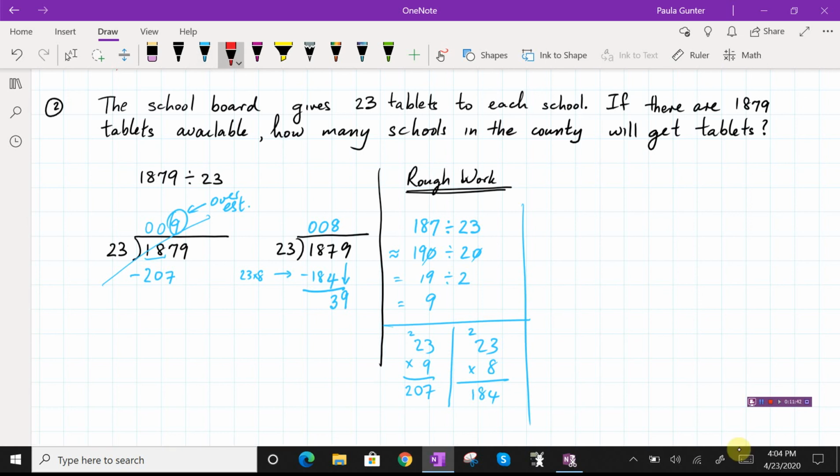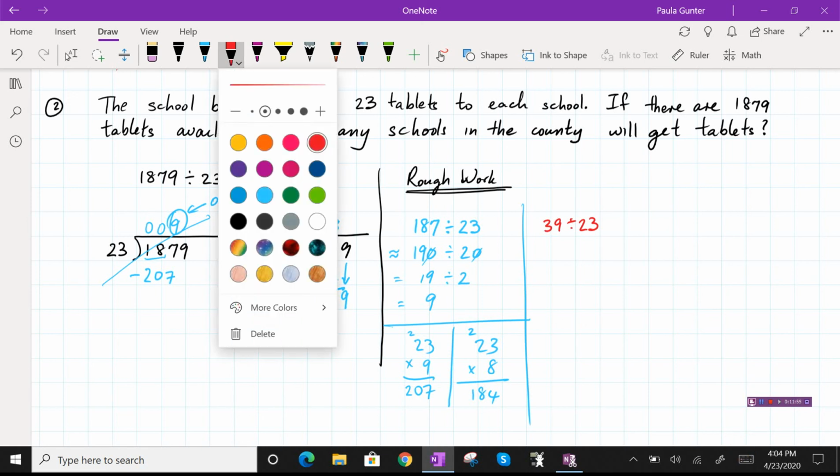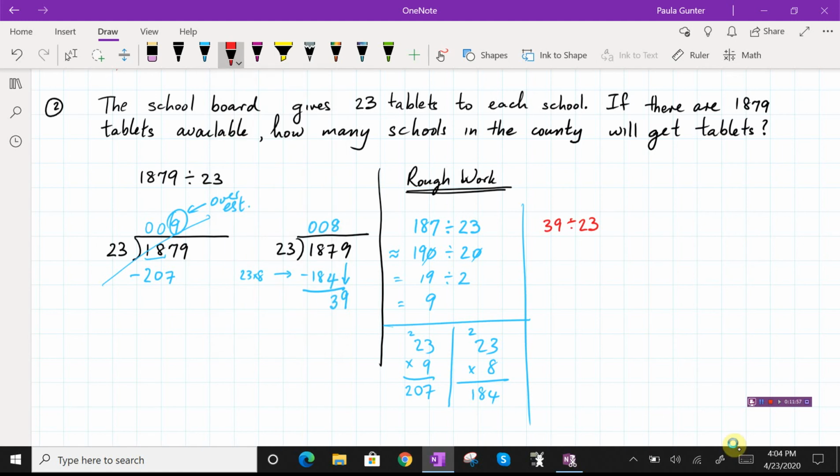And now we ask, what is 39 divided by 23? You can probably see it already. It will go in once. If you went ahead and said, this is close to 40, this is 20, you'd have 4 divided by 2, which is 2. If I did that and said, what is 2 times 23? It would be 46.